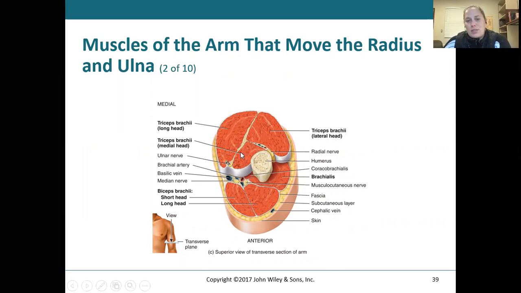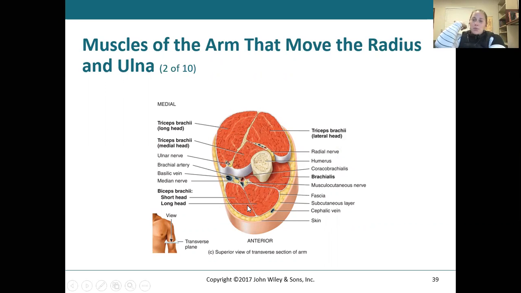So you can see the triceps are broken down into those three regions. Your brachialis is located on the interior portion, right on the outside of the arm there. And then you have your biceps brachii, your short and long head represented there.